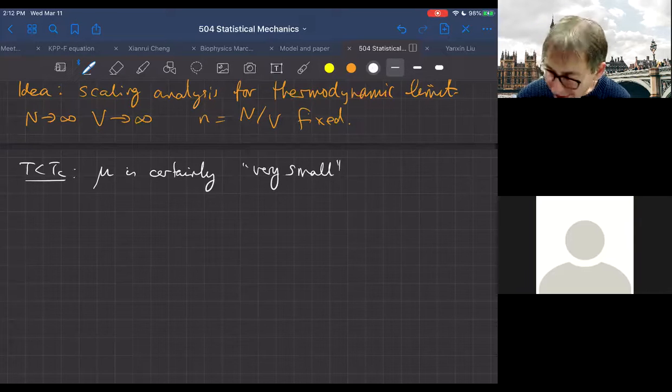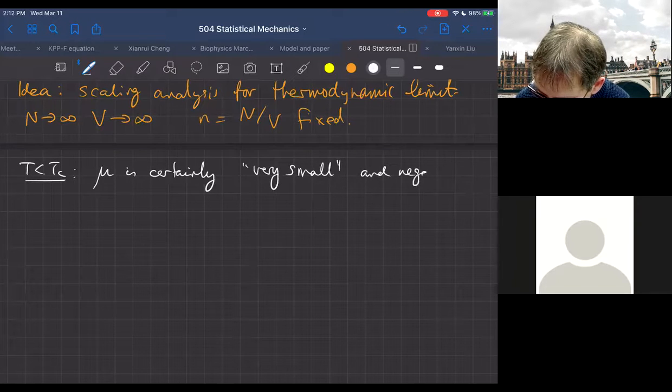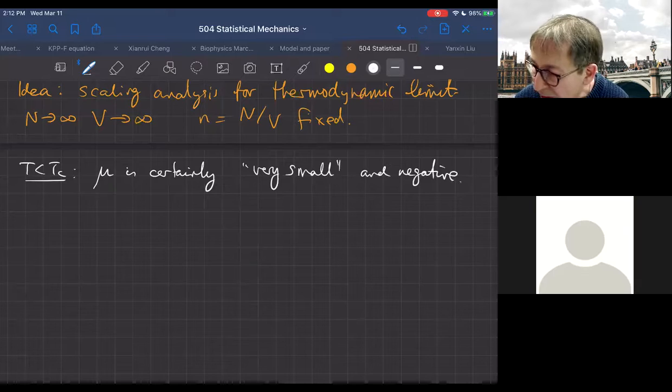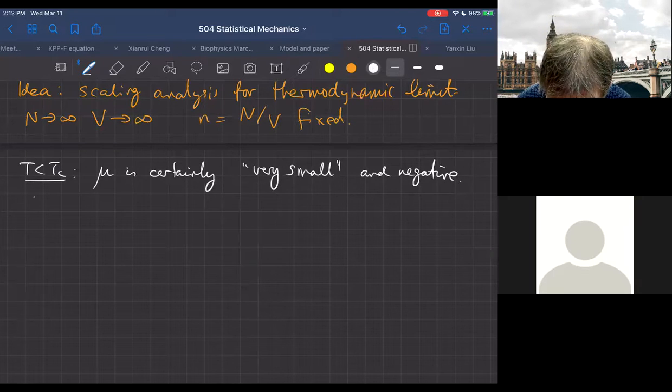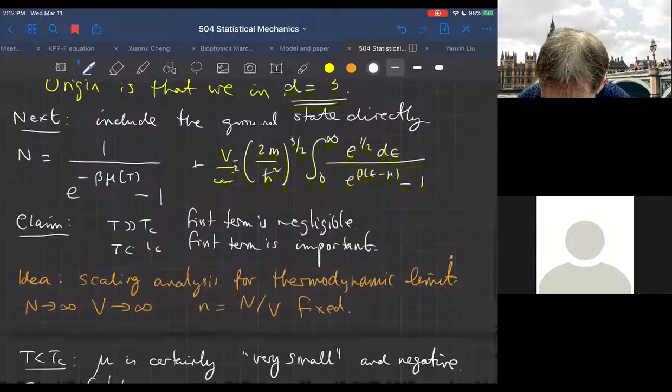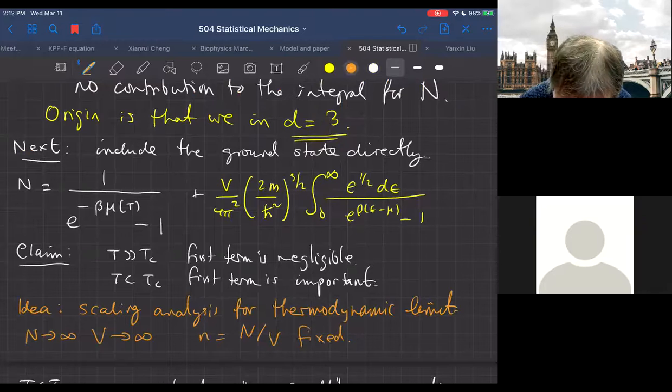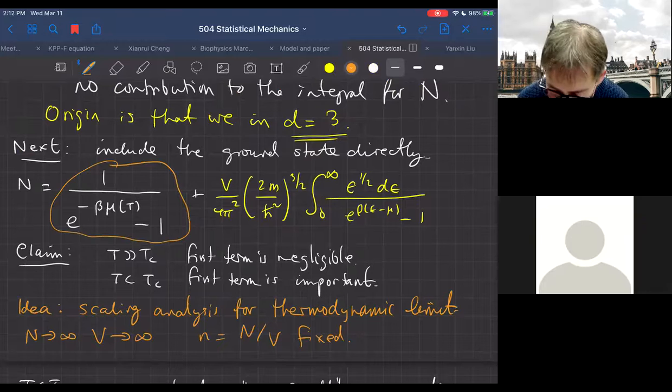We're going to say that mu is very small and also negative. So what we are going to do is expand the first term. That first term is the one over here. This first term represents the ground state contribution, and this represents the excited states.